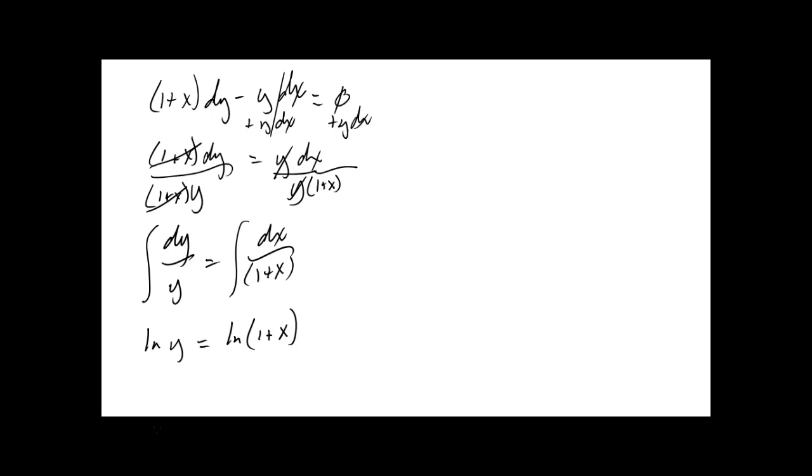Now, I'm going to do something strange here. Normally, I just write a plus c. But because everything else is in terms of logs, let's just make this constant log c. Why not? It's still a constant, right? Okay. Now what can we do?